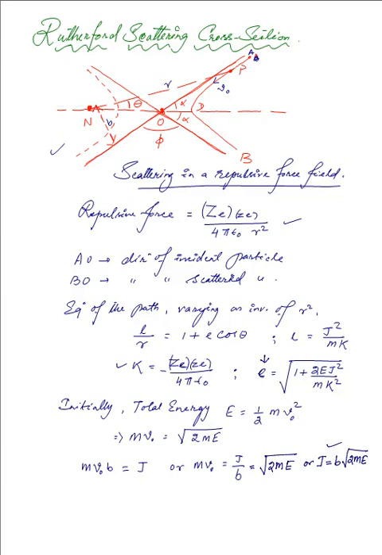I will be writing them on the next page, so it will be helpful for you. So we have e equal to the square root of 1 plus 2EJ squared, and in the denominator we have mk squared over there.